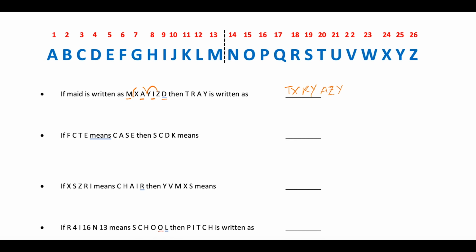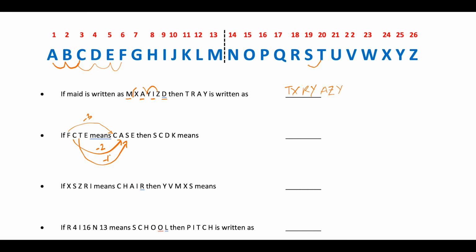Next one. Okay, on here, can't really see a pattern, so we're going to look at how the letters are related. So F to C, 1, 2, 3, that's -3. Then we've got C to A, -2. T to S, -1.